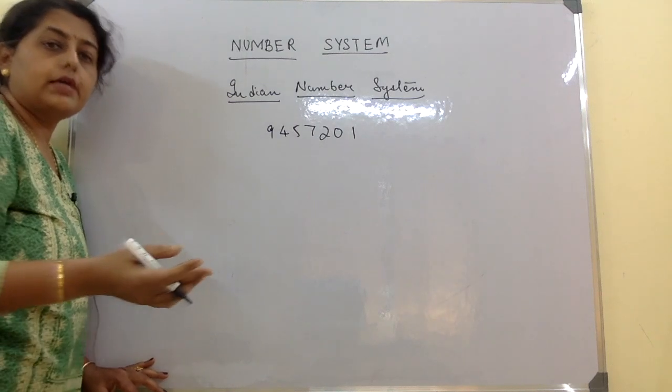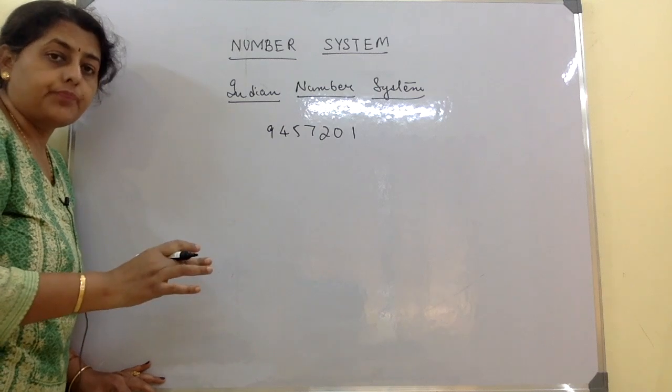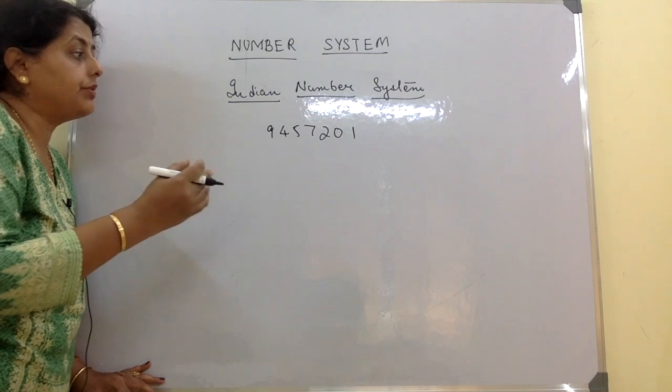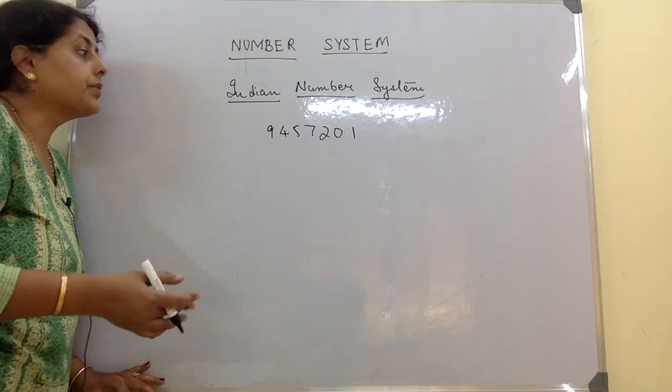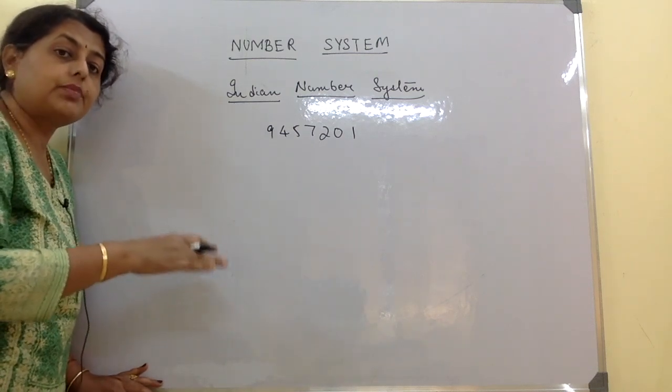I just can't be telling everybody 9457201. I need to name this number, and this naming is done according to the places.